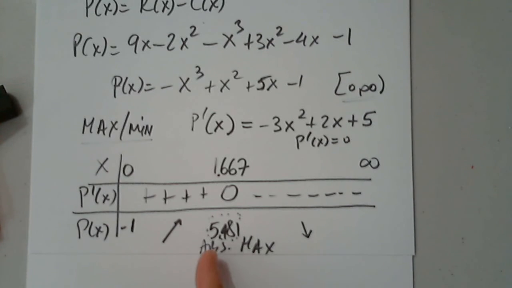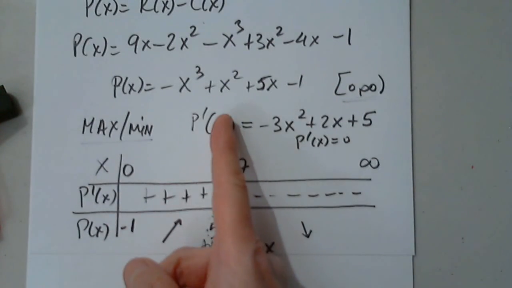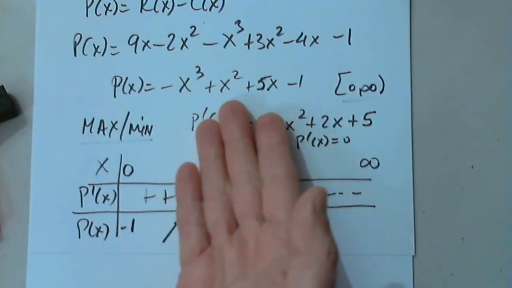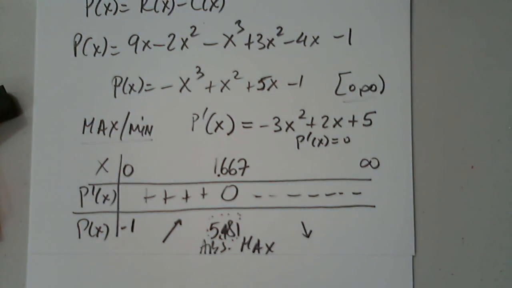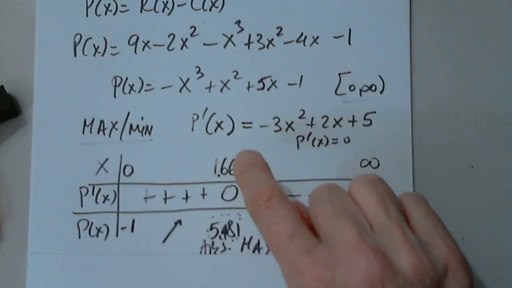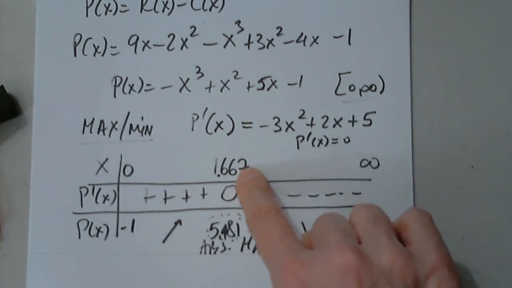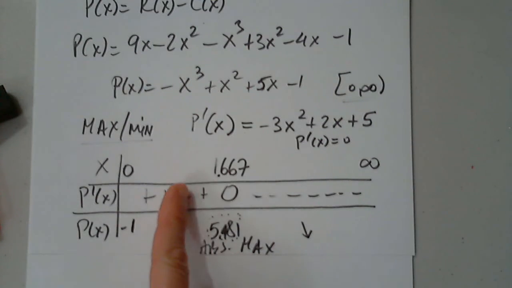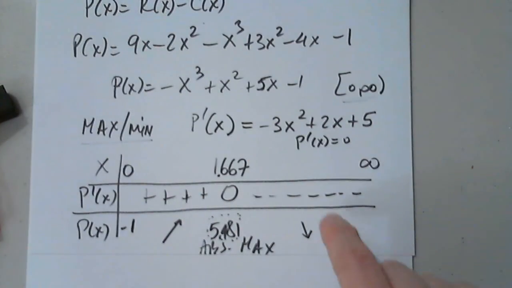So we'll tell our boss, do not ever deviate from this if this is your profit function. If the profit function changes, the results will change. But if you only produce this and sell this, you will maximize your profit. If you produce less, you will not. If you produce more, you will not, because that's the absolute maximum.